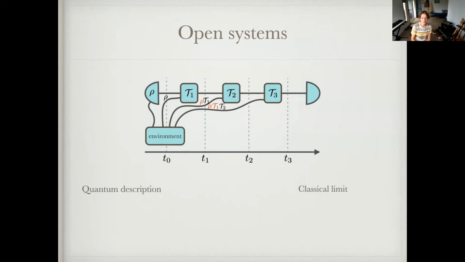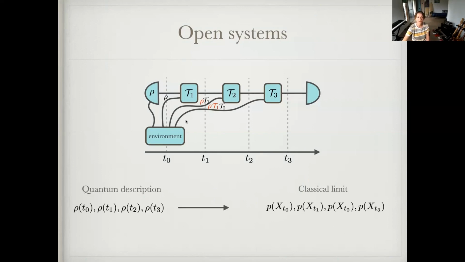So I will just tell you about a few different quantum descriptions and what their classical limit is, just so that we understand better what these descriptions are providing. One way to describe this is to update the density matrix that you've got in the various time steps.